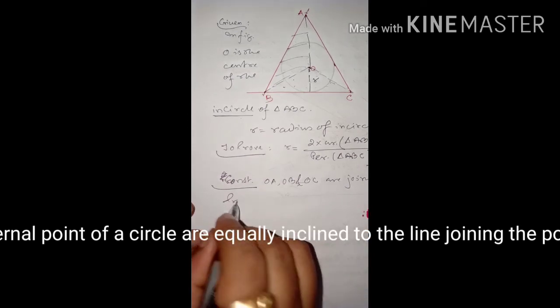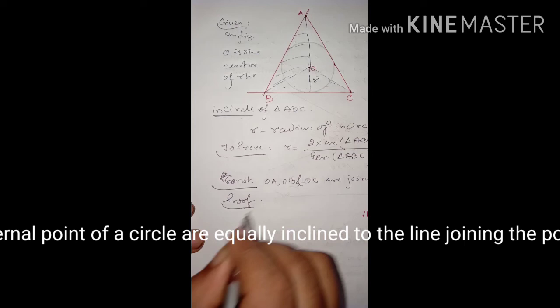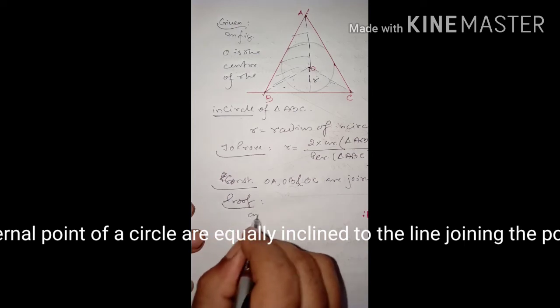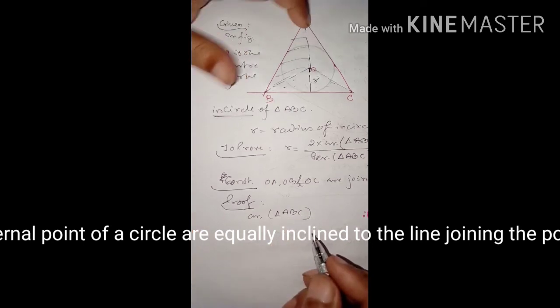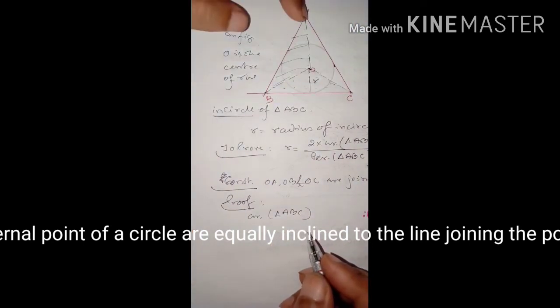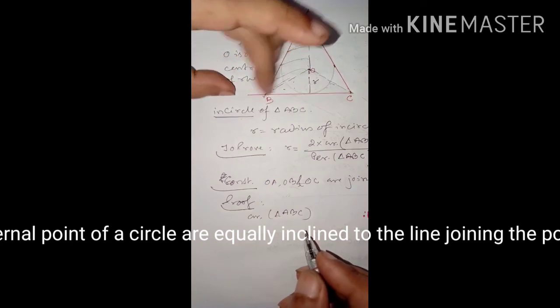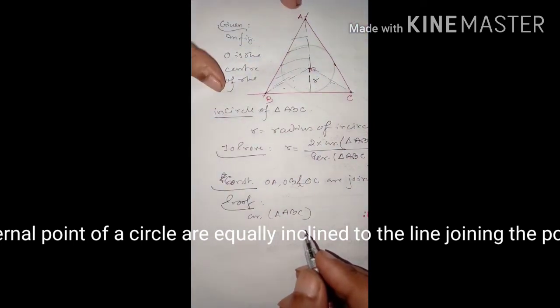Proof. Area of triangle ABC can be divided into three areas: area of AOB plus area of BOC plus area of COA. Like this you can write.